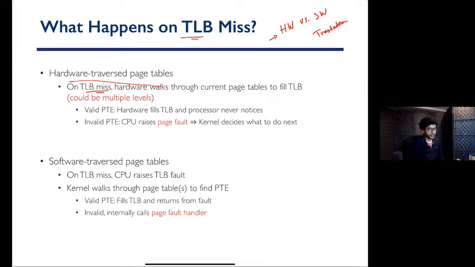If hardware finds a valid page table entry, it's going to use it, so there is no kernel involvement at all. If the page table entry is not valid, or if the permissions don't match, then it's going to raise a page fault exception. So the kernel is going to wake up and deal with it.